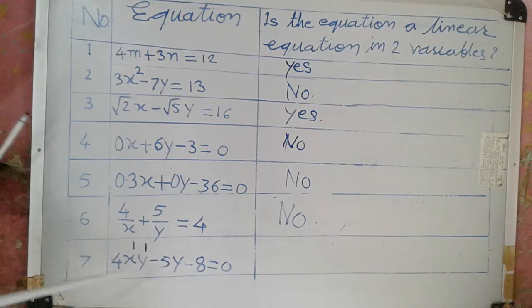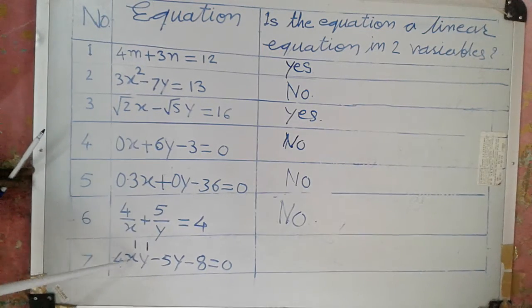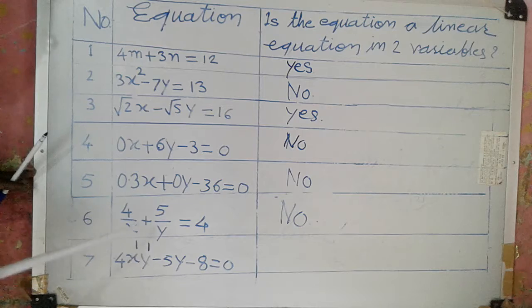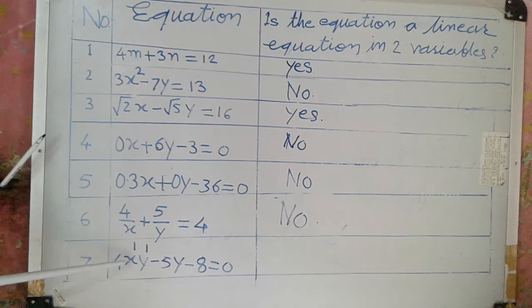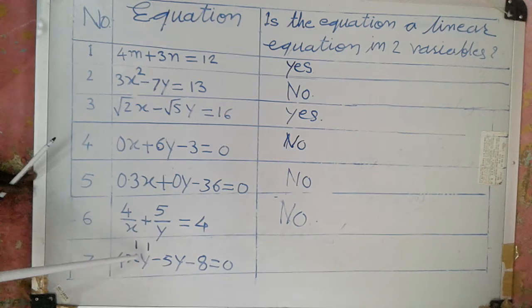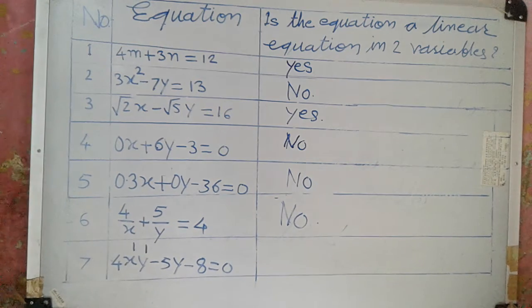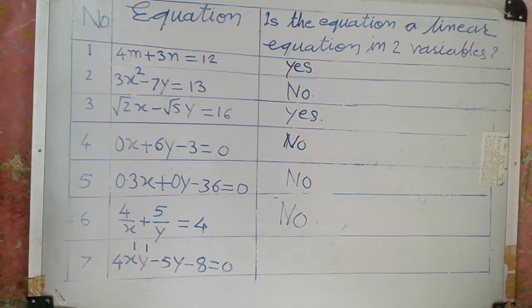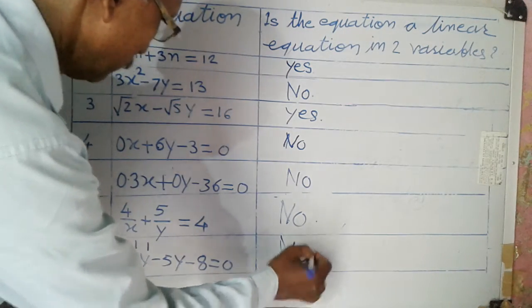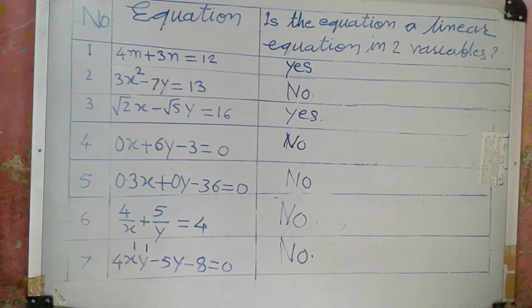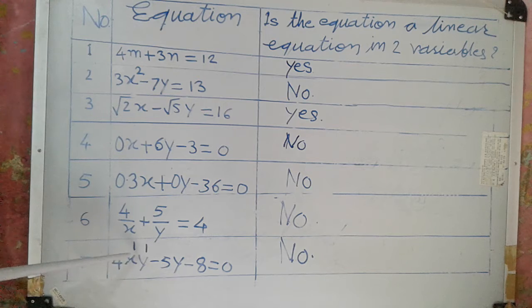So the total degree of this first term becomes 1 plus 1, 2. And if the degree is more than 1, it is not a linear equation. So the answer is no, because the degree of your first term becomes 2.